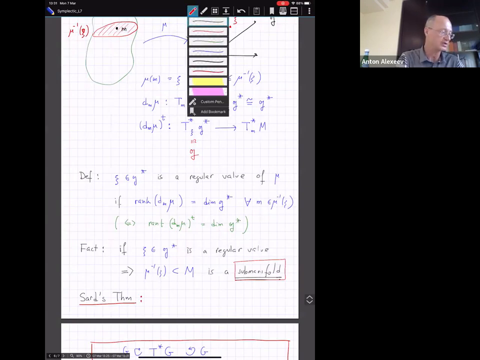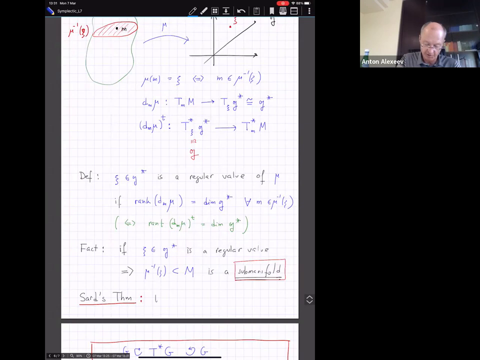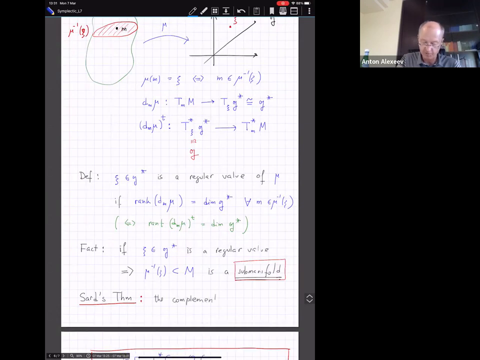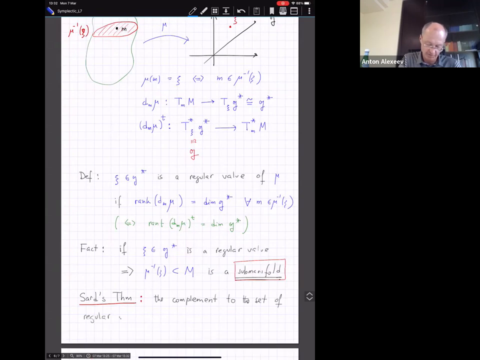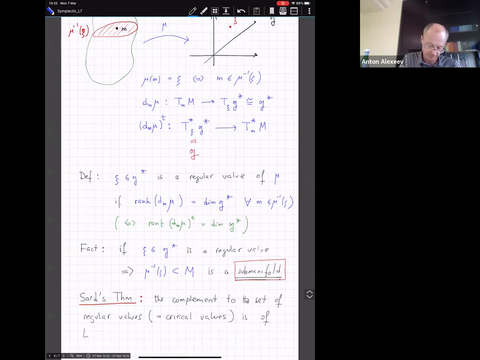This theorem tells you that the complement to the set of regular values, which are also called critical values, is of Lebesgue measure 0.